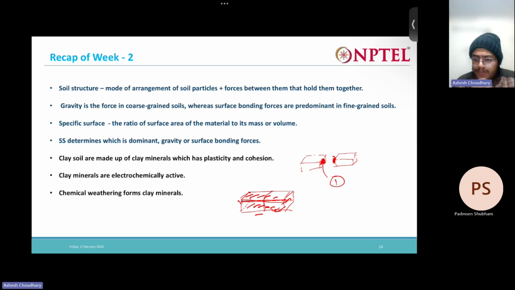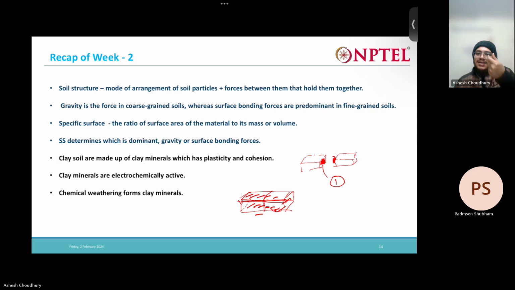What if we consider only one particle of fine? No, see, coarse means that is the minimum size of particle that you can have, right?